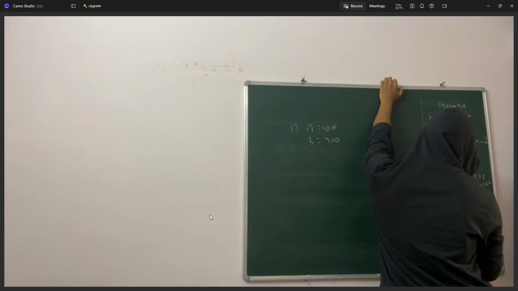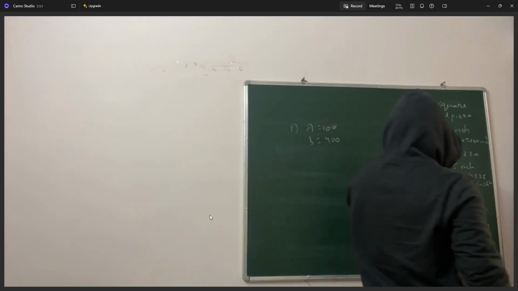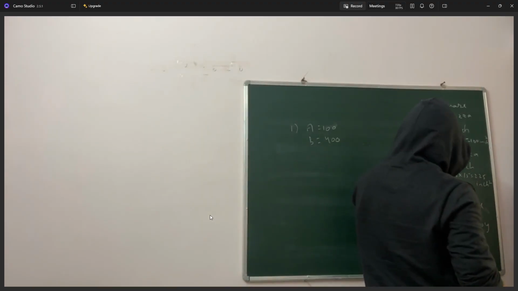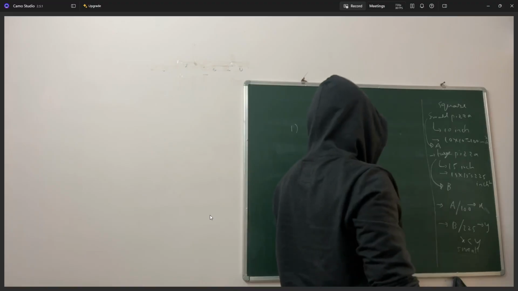If x is smaller than y, then obviously buying the small one is optimal, because the cost per area for A is less, and for the other the cost per area is more.